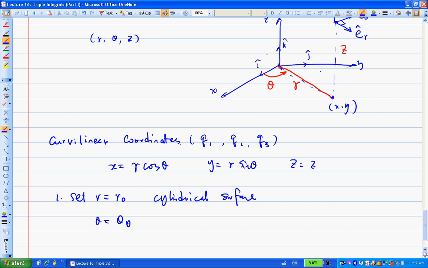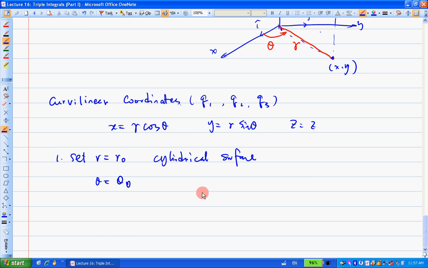So when you set theta equal to 0, what you have here is a plane like this, a half plane like this, right? That's theta equal to 0. If you set theta equal to theta naught plus pi, you're referring to the other half of the plane, right?